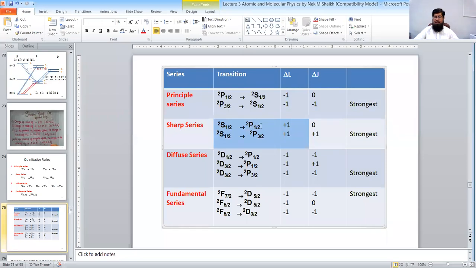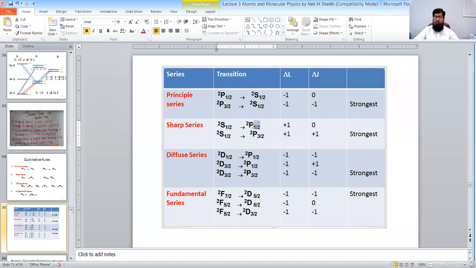Here delta j for the upper one: this is 1/2, this is 1/2, and 1/2 minus 1/2 gives you 0. This is 3/2, and 3/2 minus 1/2 gives you +1. So for the lower level, +1, delta j and delta L both change in the same way. So this level is stronger as compared to the upper level.